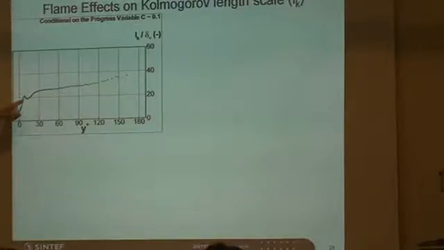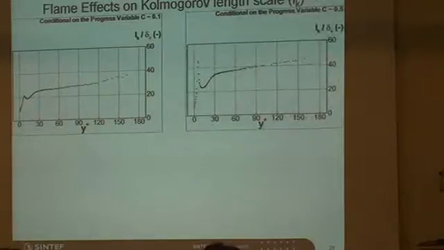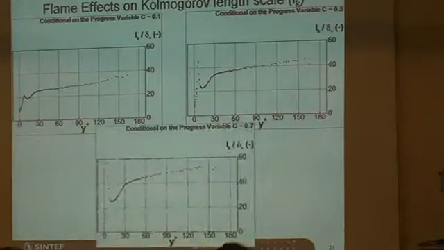This is a usual behavior. Okay, this bump is interesting. I have it for the Kolmogorov time scale, but let's look at the evolution with the flame. For higher progress variable, you get this increasingly high bump, and here even more.